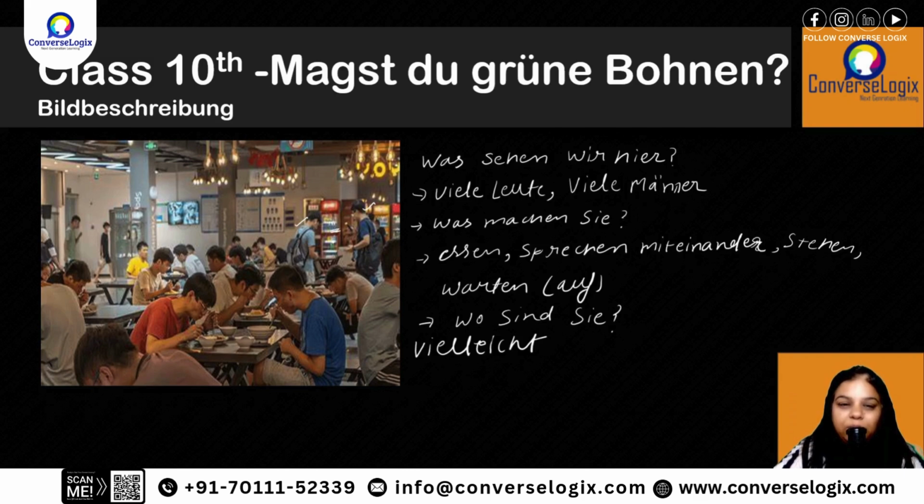Zum Beispiel, es gibt Getränke hier. Ja, das alles kann man auch sprechen, wenn man sagt Bildbeschreibung. Bildbeschreibung ist eine sehr gute Übung, damit ihr Deutsch sprechen üben könnt. Okay? So, das war mit Bildbeschreibung.